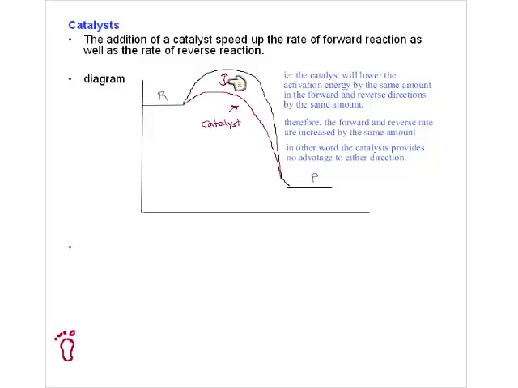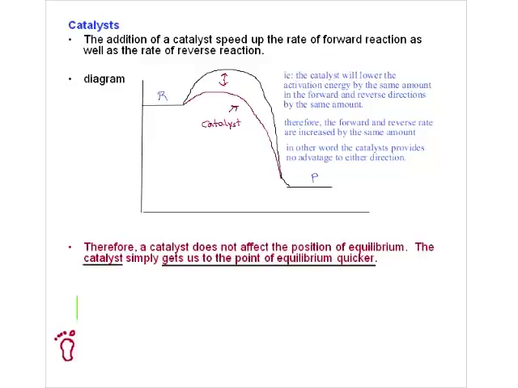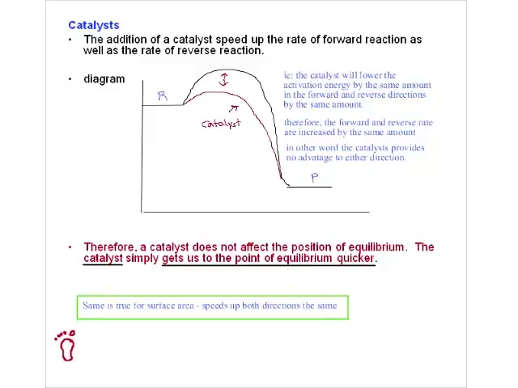There's no advantage. So the idea behind a catalyst is, yeah, you can add a catalyst. It's going to have no effect on the position of equilibrium because we're not favoring forward or reverse. We're favoring both of them the same, which means we're not favoring either one at all. So therefore, it's not going to affect the position of equilibrium. It's only going to get us to equilibrium quicker.